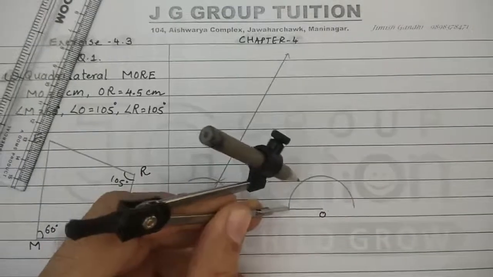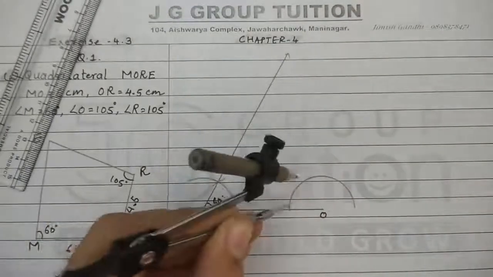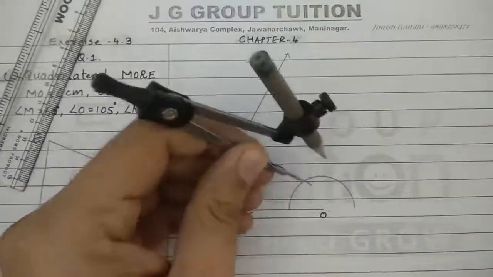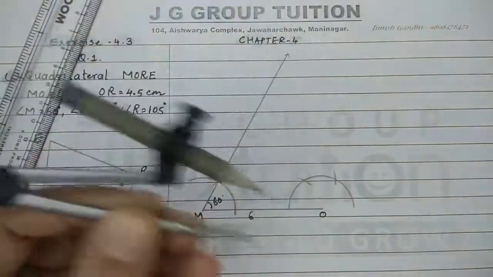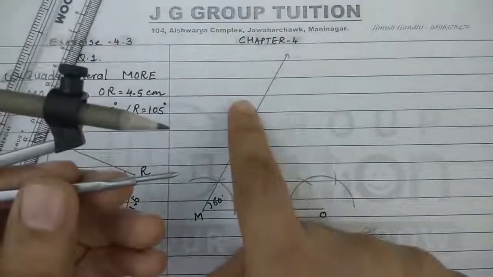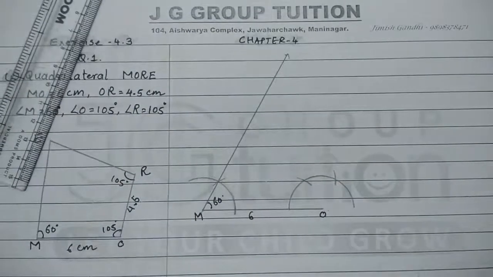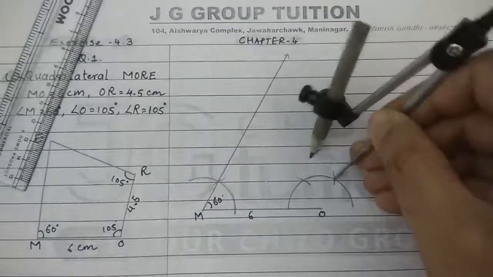This is the 0 degree. Now we won't change the length of the radius. This is 60 degree. From 60, one more arc, so if I draw a ray it becomes 60, and if I draw another ray it is 120. Let us first construct the 90 to obtain 105.